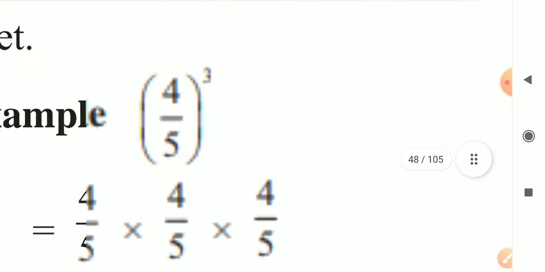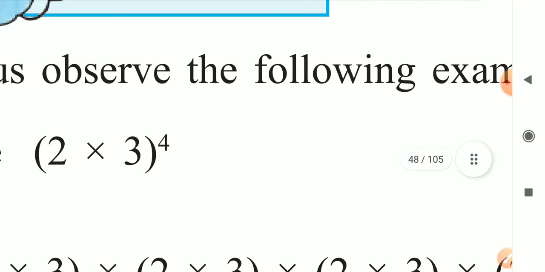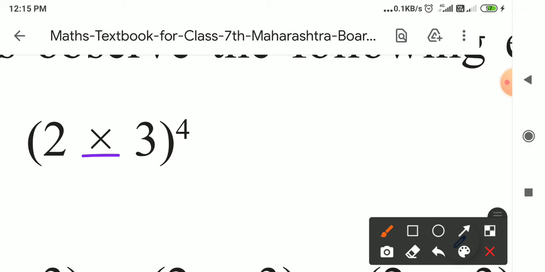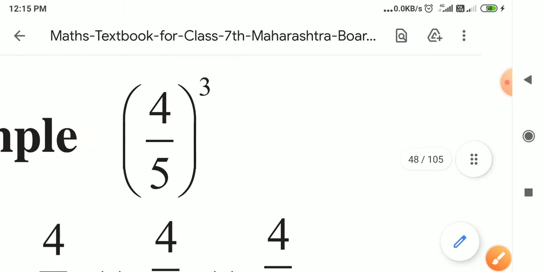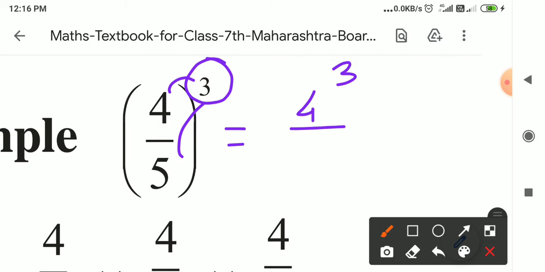One more example is given. If there is a fraction, that is division; here it was multiplication. Similarly here, in (4 upon 5) raised to 3, this power 3 applies to 4 also and 5 also. So you can write it directly in this way. In the exam you have to write (4 upon 5) raised to 3 as 4 raised to 3 upon 5 raised to 3.